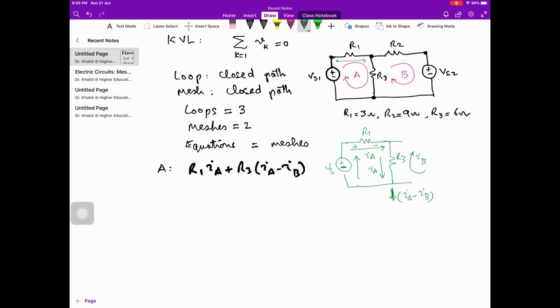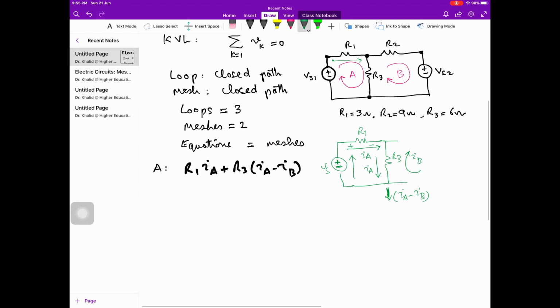Here, if we go through this voltage source, we see negative sign first and positive later. So if we move in this direction, that first terminal is negative, this is known as voltage rise. Because it is a voltage rise, we write it at the right hand side, and this is VS1.